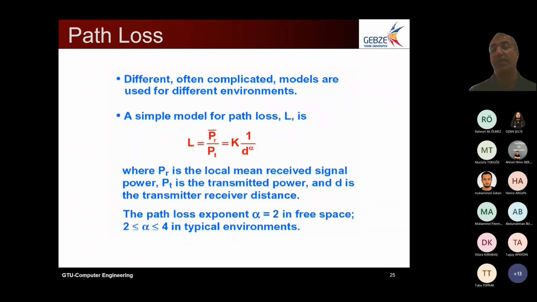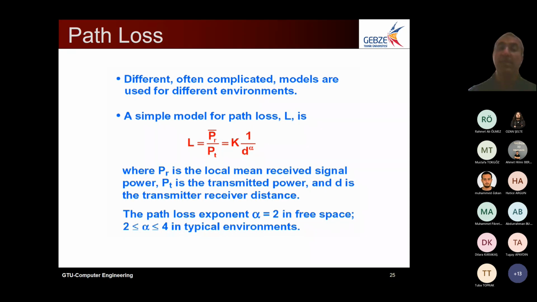Alpha in this case is called the path loss exponent, and it can be between 2 and 4. When alpha is equal to 2, it is free space, which is the idealistic case. For each different environment, we may have a different path loss exponent.